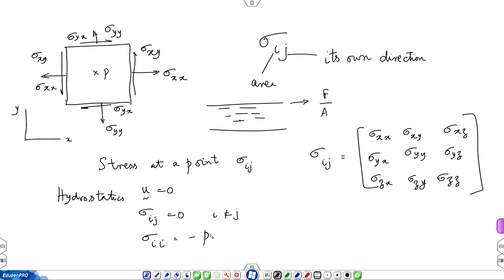For a liquid, let us say water, what is the equation of state for water over a normal range of pressures? Density equal to constant, incompressible, that is the equation of state.